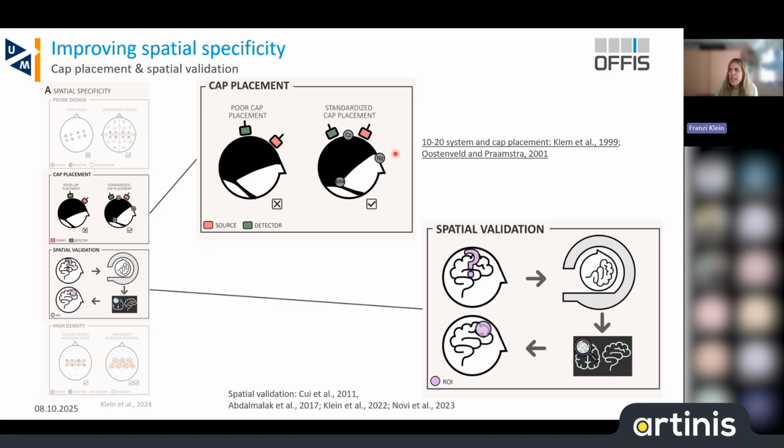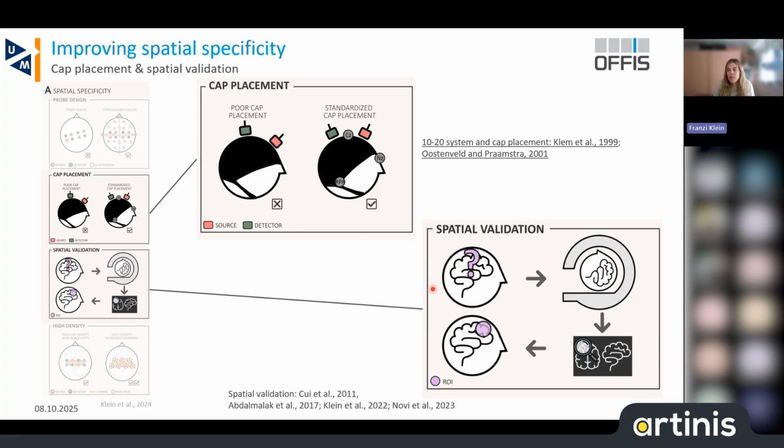Another point, which is a bit special here, so of course you don't always have to do that, but sometimes it can happen that you want to train a neurofeedback, let's say a very small brain area, or a brain area where you're not sure whether fNIRS can still reach it, because maybe it's already too deep. It's always a good idea to have some sort of spatial validation.